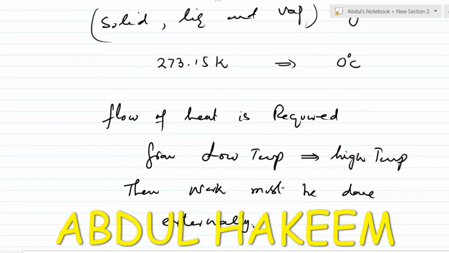Like in refrigerator, heat is flowing from low temperature to the high temperature.